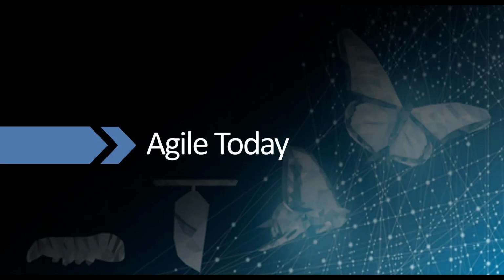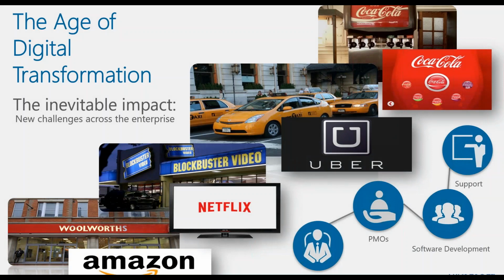So let's talk about Agile today. What is primarily driving the increase in the use of Agile today is this age of digital transformation. Companies that were formerly brick and mortar types of companies have essentially been evolved or even supplanted in some cases by more digital approaches to the marketplace.